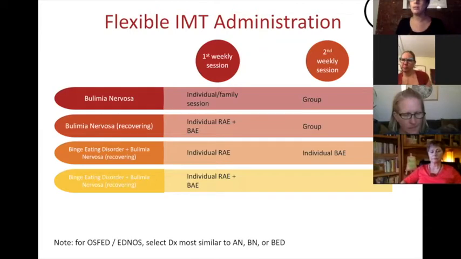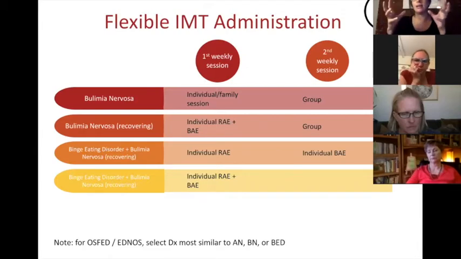So in the material, we have different handouts for anorexia nervosa, which we conceptualize in IMT as both anorexia and atypical anorexia nervosa, because atypical anorexia nervosa really does, in practice, need to be treated the same as AN. So we collapse those two. And for those of you who don't know what atypical anorexia nervosa is, technically the person doesn't have a BMI that is in the low weight range.